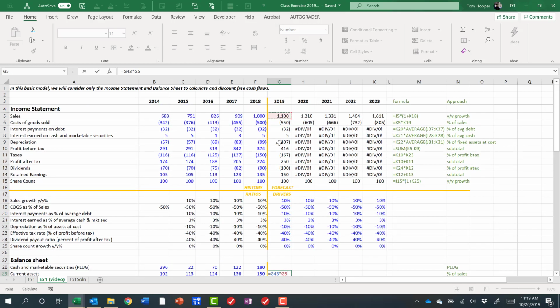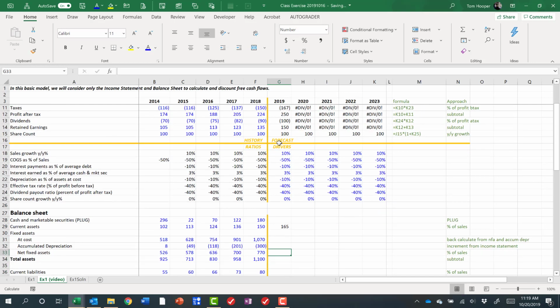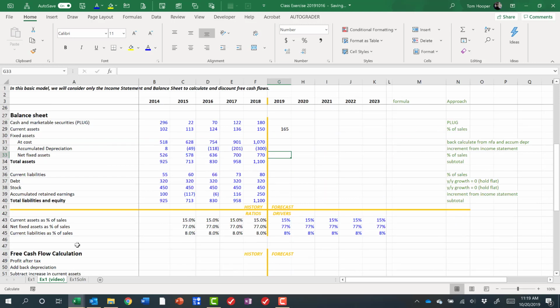And we'll use G5 several times. I believe net fixed assets as a percent of sales is that number times G5. And current liabilities is that number times G5.